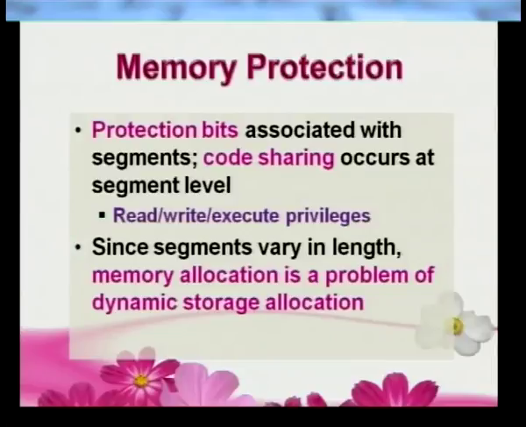It is how the policy differs. The protection bits are basically associated with the segments, and the sharing of code occurs only at the segment level. Therefore, the privileges on reading, writing or execution operations could be granted with the help of the protection bits indicated inside your segment table.